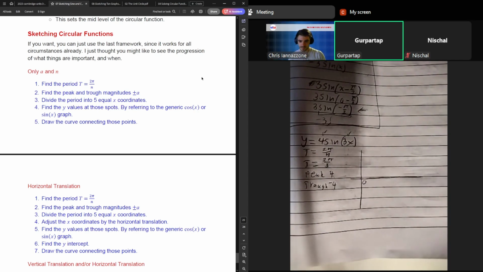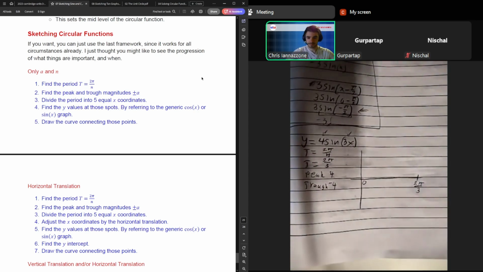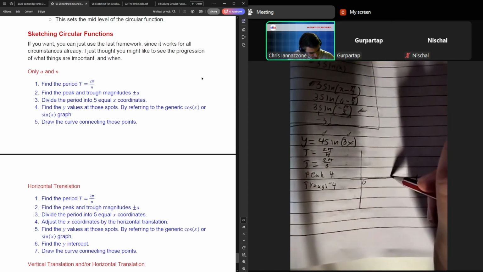And we would get the period, and then we'd plot that as a maximum. Yep, as a maximum. That's good. 2 pi over 3. And just divide that, right? Yep, split it in half again. So what's that going to look like?